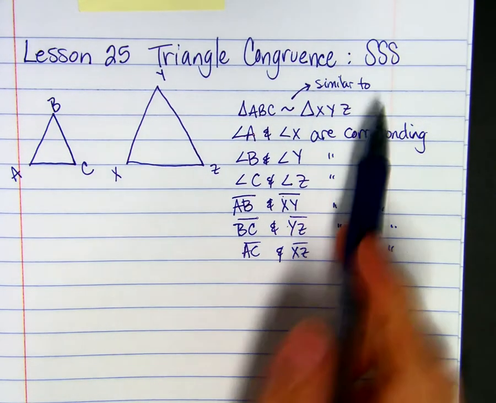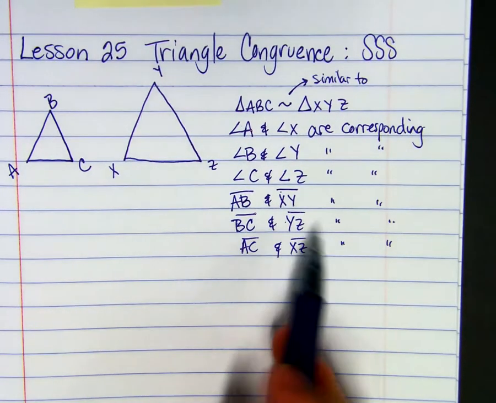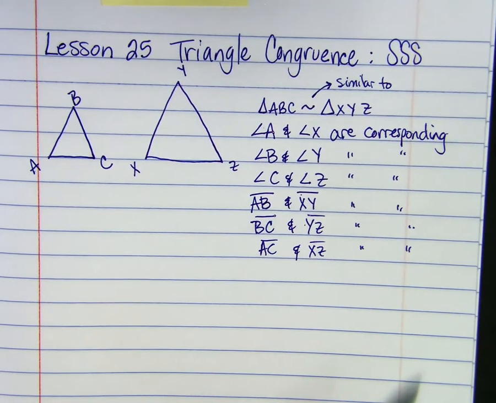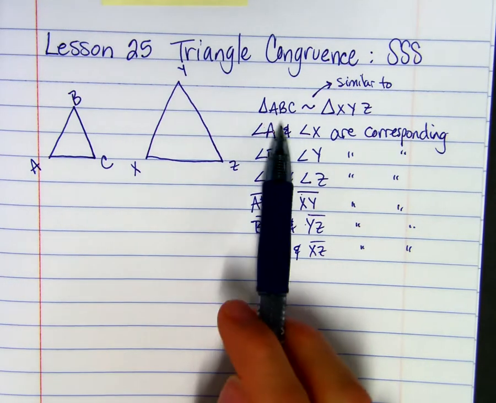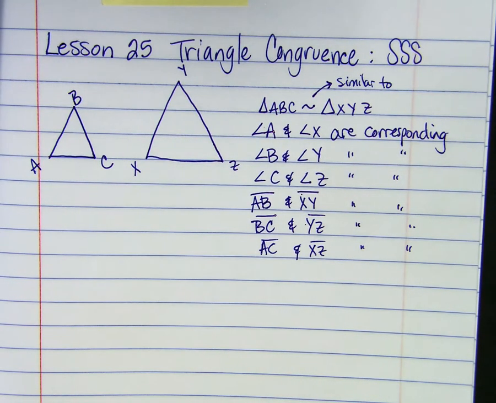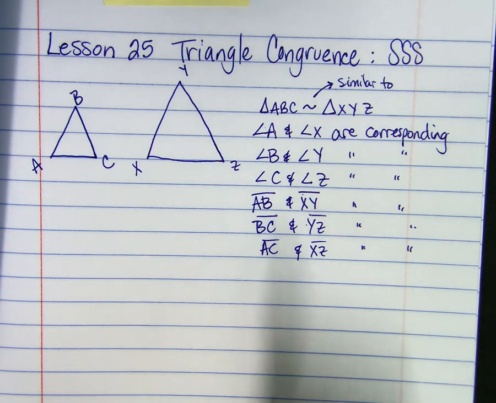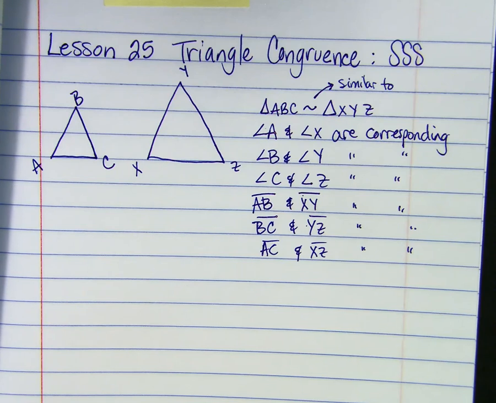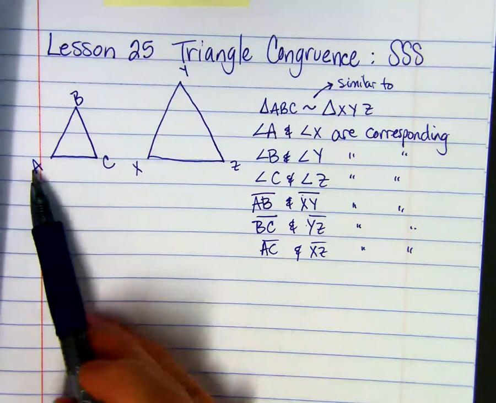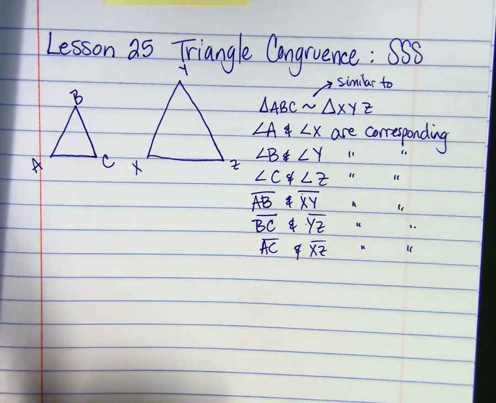You could go BAYX or ABXY. Those are correct, but you couldn't do ABY. The same angle has to correspond, so if you start with A, you're going to start with X.